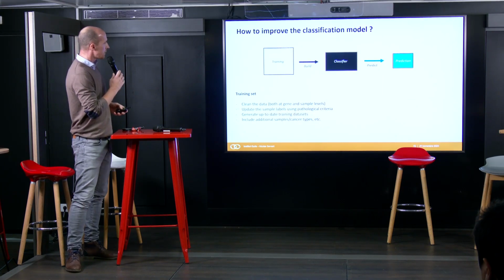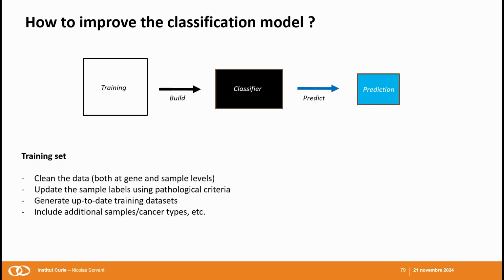Okay, so now that we have this model, the question we started with is, can we improve the model? So far, we think that it works for 75% of the patients. Can we do better than that? We first started by spending a lot of time cleaning the data. I think that's the main part of the job, being able to have a very clean data set to train the model.